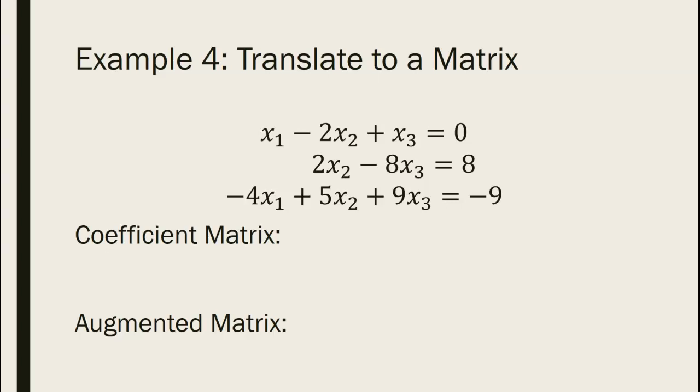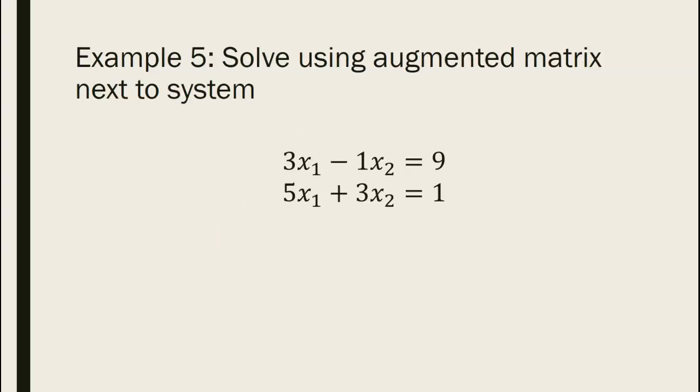So let's go back to this example here. We're going to use elimination on this system, and as we do that, we're going to see how that affects an augmented matrix that we're going to put right beside this system.